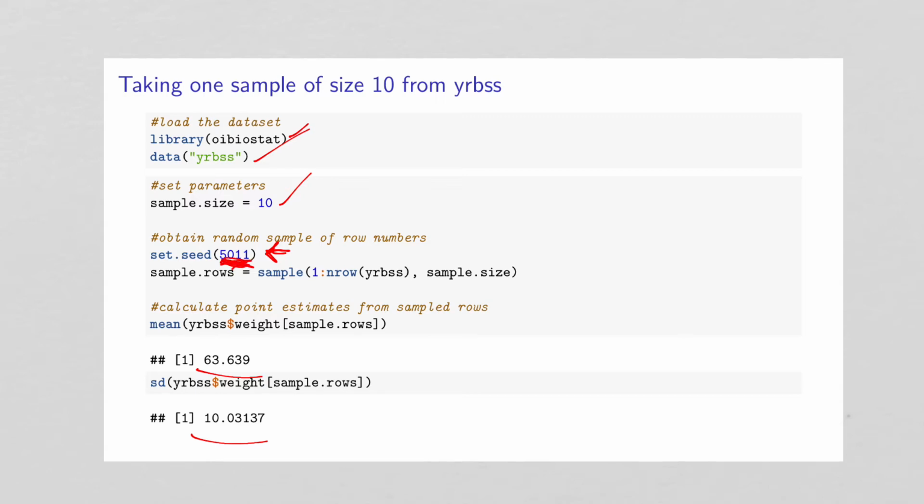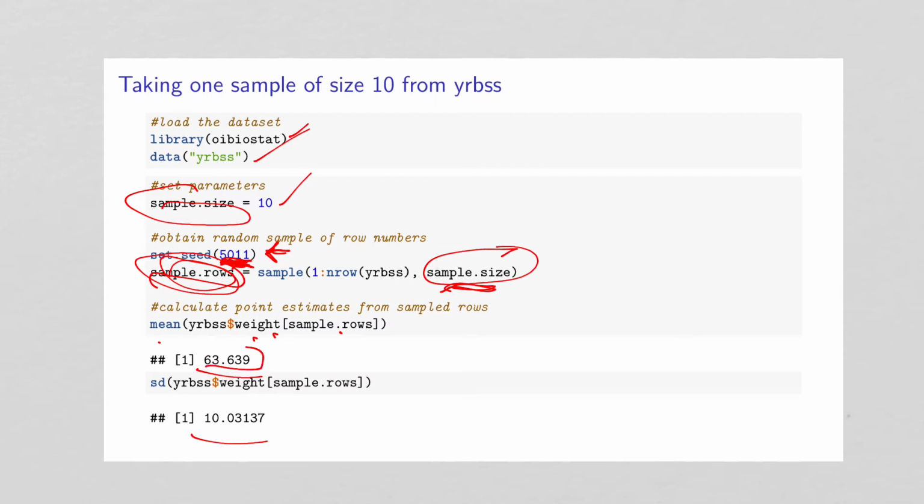So you can have reproducibility across different samplings. We sample rows out of the data, and we sample this many in there. Then the mean of that sample, because we sample 10, sample size 10.